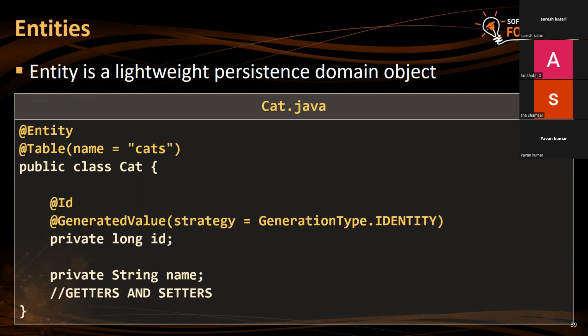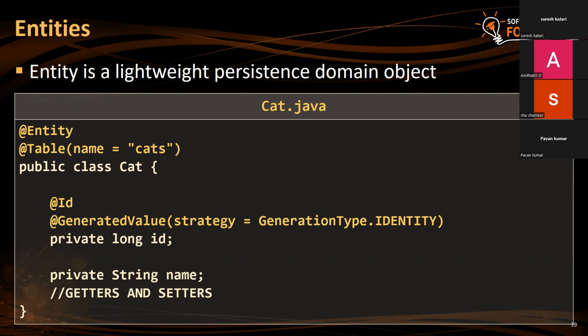This is nothing but a plain POJO class. POJO class means it's very simple. There will be fields, meaning however many columns there are in a table, each column represents one field in the entity class. Let's take the case of a student: roll number, student name, student address, student branch, student age, student email, student phone number.